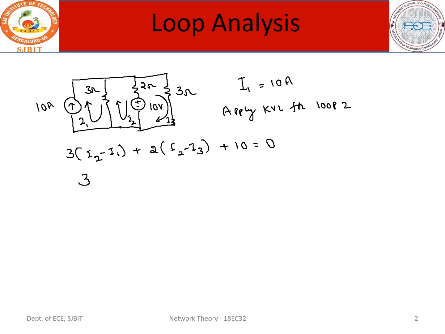Simplify this expression: 3I2 minus 3I1 plus 2I2 minus 2I3 plus 10 is equal to 0.